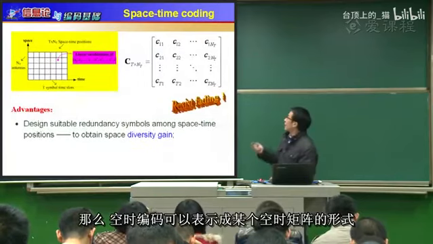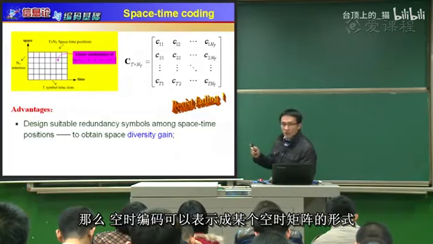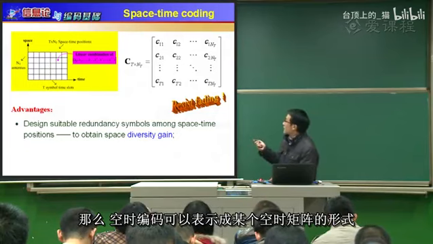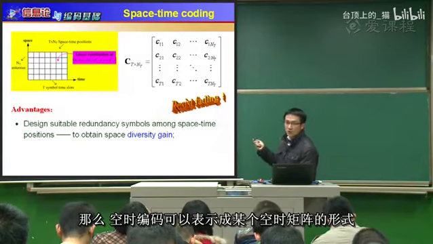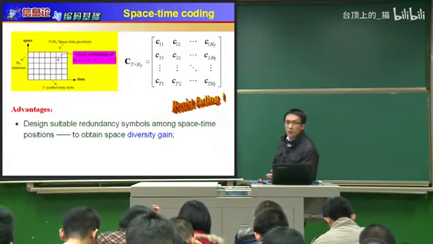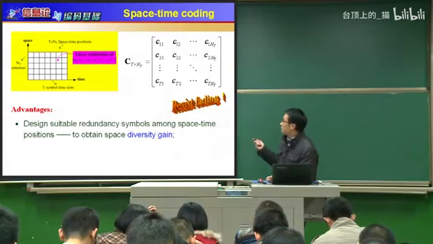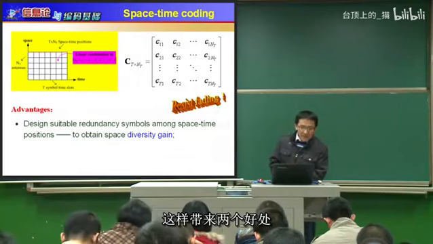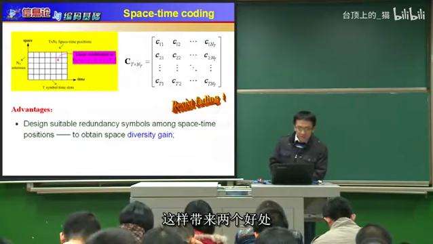So the code word of space-time coding is a space-time matrix, which can be expressed as this matrix. Okay. Also, there are two advantages.